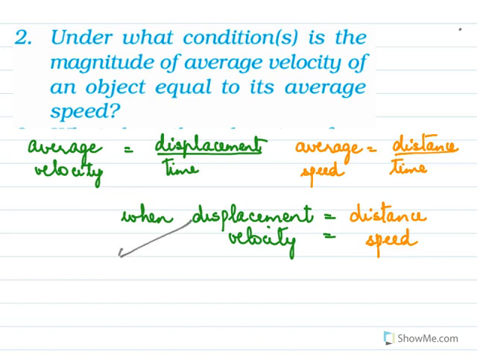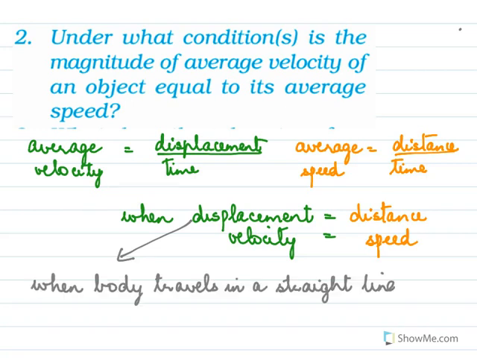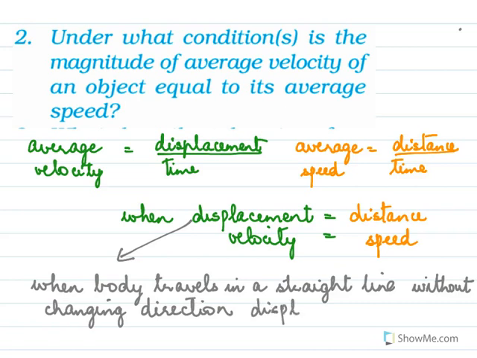And when is distance equal to displacement? When a body travels in a straight line without changing direction. So when a body travels in a straight line without changing direction, the displacement becomes equal to distance.